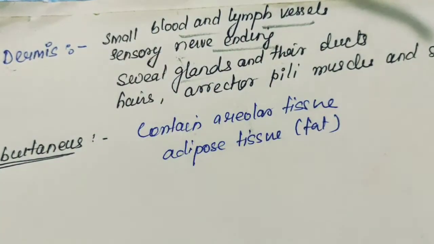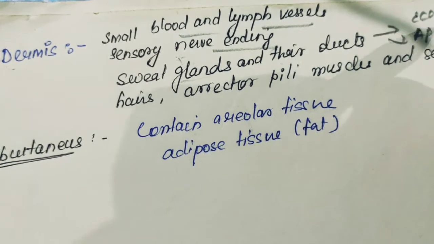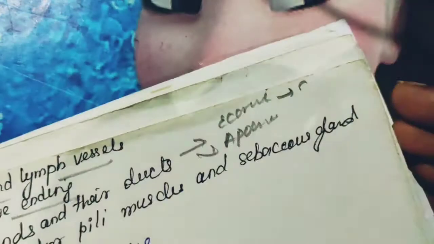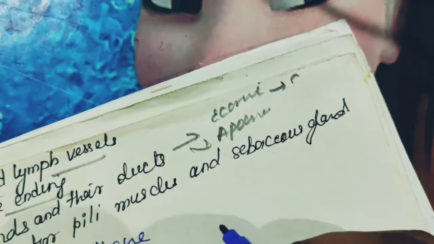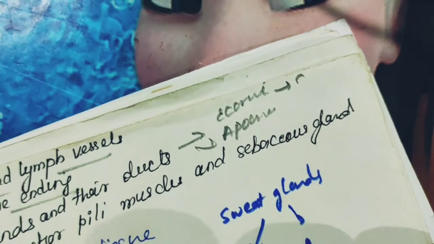Sweat glands are divided into two types: eccrine and apocrine.